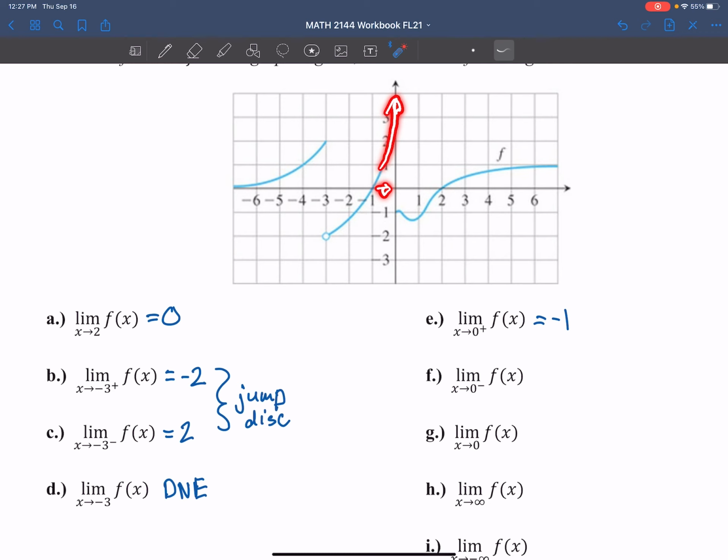So this one right here is going up and up and up. It is going up to infinity. What y value are you approaching? Well, your y values are just growing.